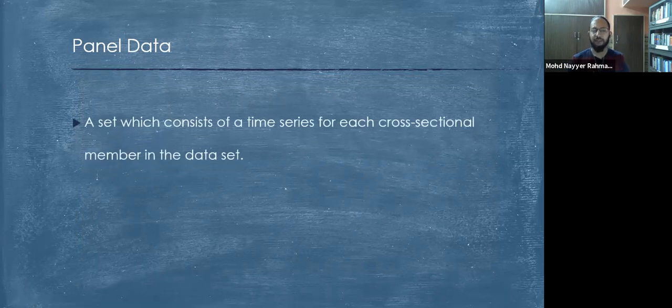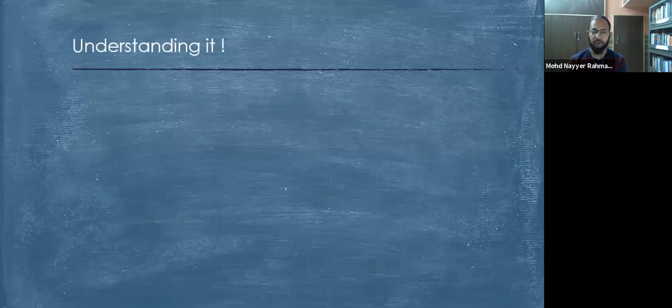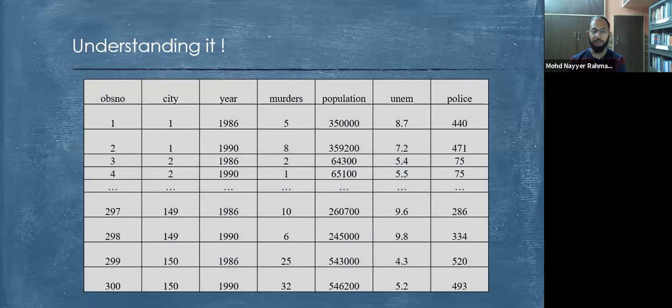We have a data set which consists of a time series for each cross-sectional member in the data set, also known as longitudinal data. It will be easy to directly jump on to this example. In the previous data set, we identified the characteristics of cross-sectional and of time series. Here, we have observations starting from 1 to 300. We have years 1986 to 1990, then again 1986 to 1990.